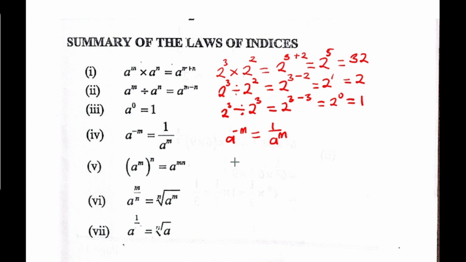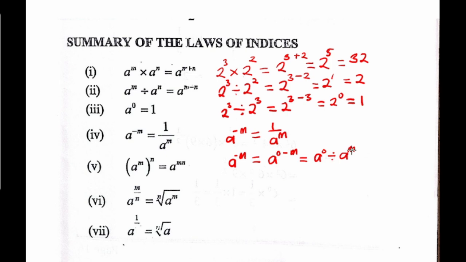Let's check. So let's take a to the power of minus m. This implies a to the power of 0 minus m. This one is true. Therefore, this is the same thing as, going by the second law, a to the power of 0 divided by a to the power of m.